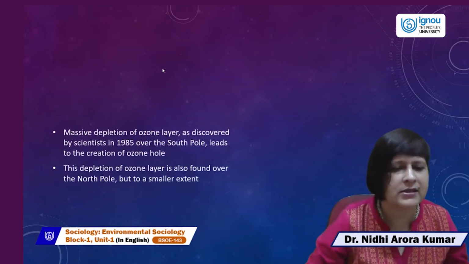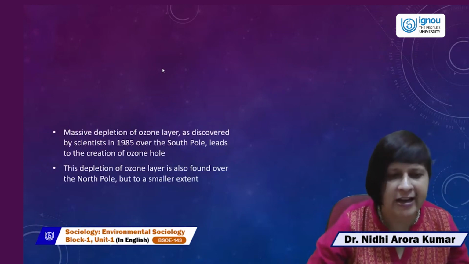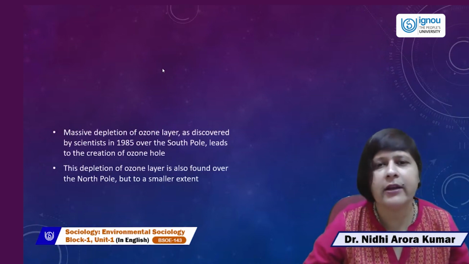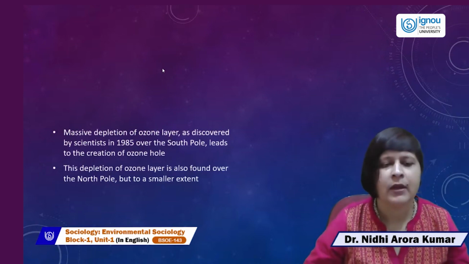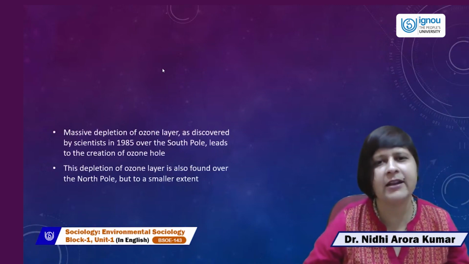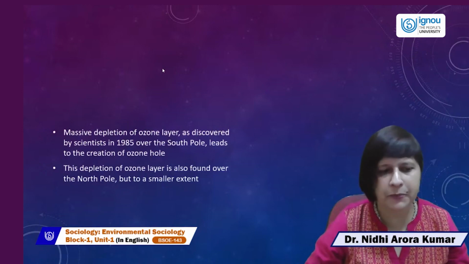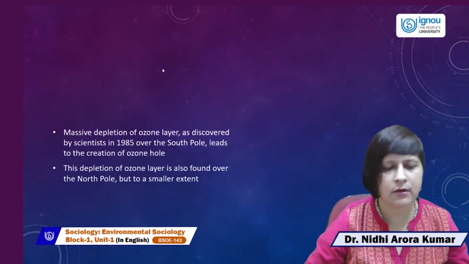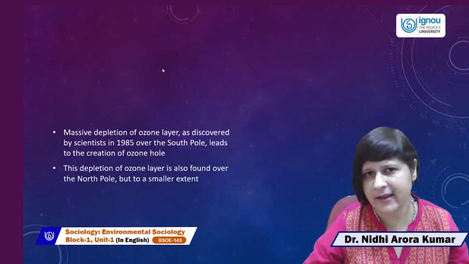As discovered by scientists in 1985 over the South Pole, this leads to the creation of an ozone hole. Scientists discovered this ozone hole in 1985 over the South Pole. The depletion of the ozone layer is also found over the North Pole, but to a smaller extent.